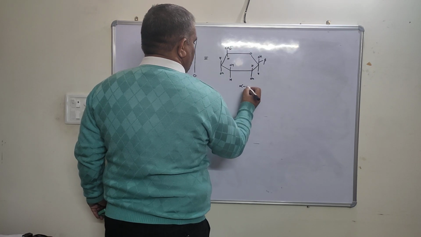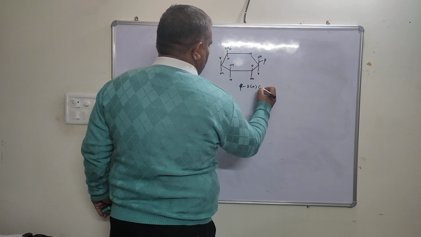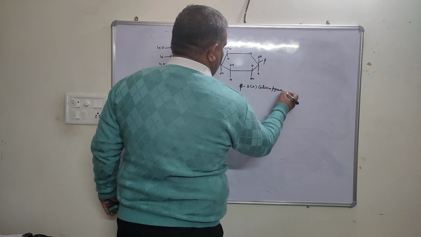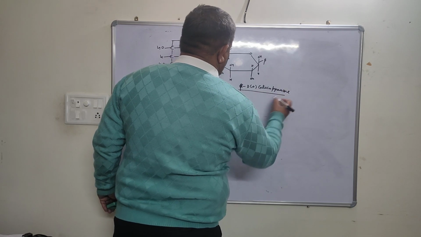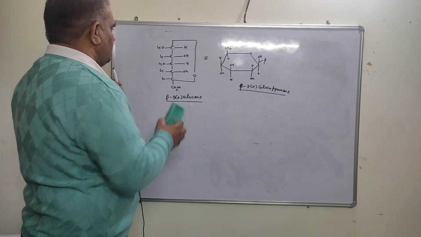This is alpha D and beta D glucopyranose. These are the Haworth position formulas of alpha D glucose and beta D glucose.